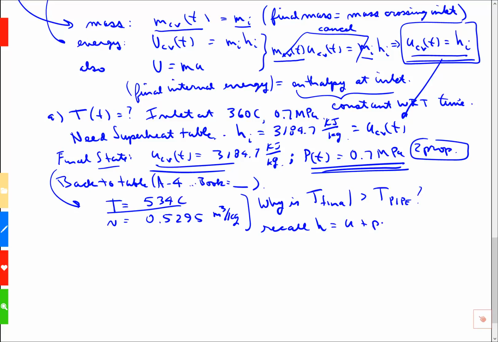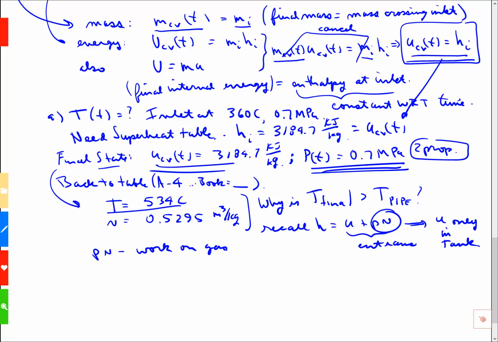It's U plus PV. So U plus PV at the entrance goes to U only in the tank. That says that there's PV work on the gas in the tank, and that's the source of the heating effect.